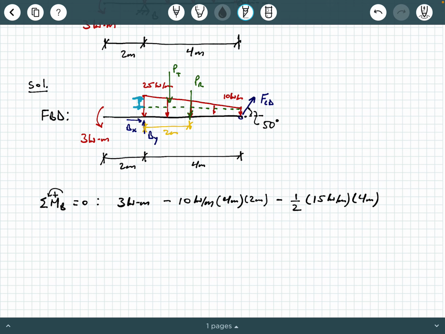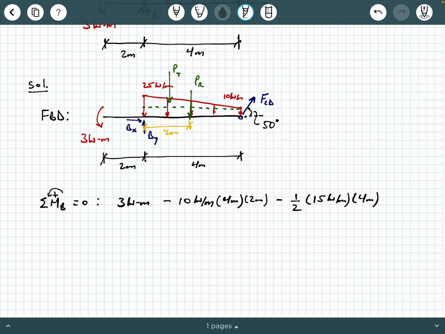The height of just the triangular portion is 15, because the 25 is the total height of that trapezoid, where the bottom portion coming from the rectangular slice is the 10. So you say 25 minus 10, and you leave this 15 kilonewton per meter height here. And then times 1/2 times 4 meters gives you the area of the triangle.